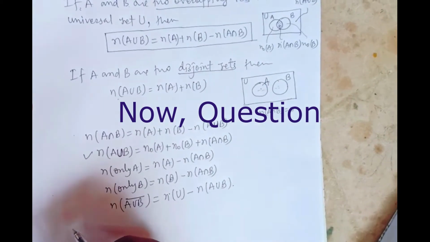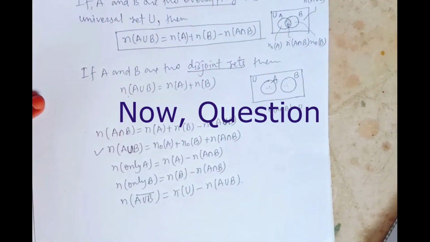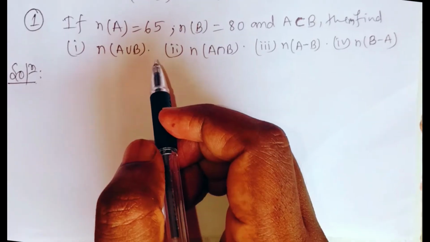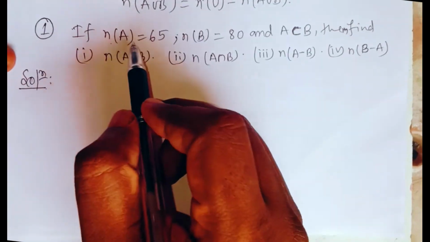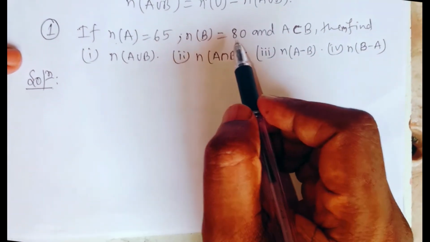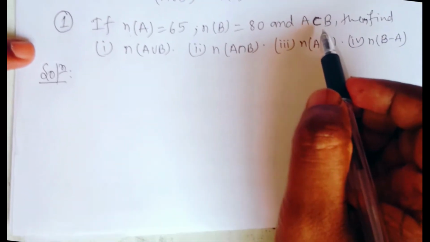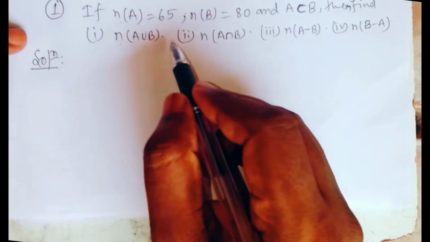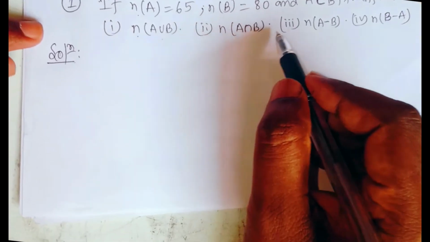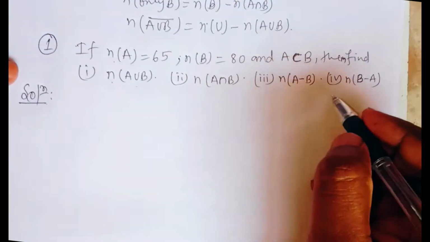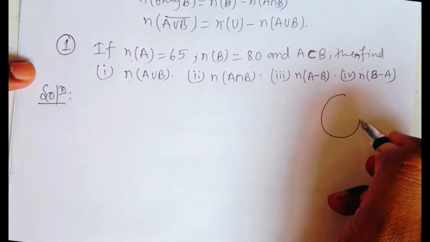Now here we are going to solve one question. Here is the question. N of A is equal to 65, n of B is equal to 80, and A is a subset of B. Then we have to find these four: n of A union B, n of A intersection B, n of A difference B, and n of B difference A. Now look at the figure.